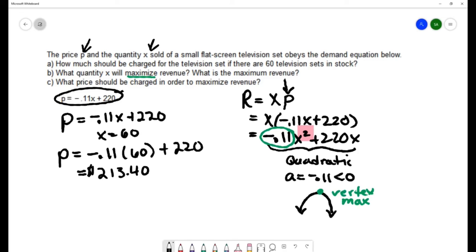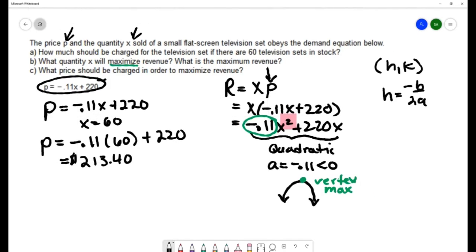We do have a formula for the vertex. The vertex is usually written as an ordered pair, (h, k), and we can find the value of h with the formula negative b over 2a. So for our revenue function, we've already stated the value of a is negative 0.11, and the value of b will be the coefficient on the x term, 220.